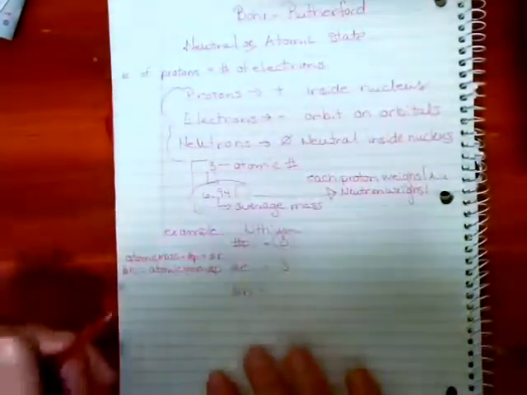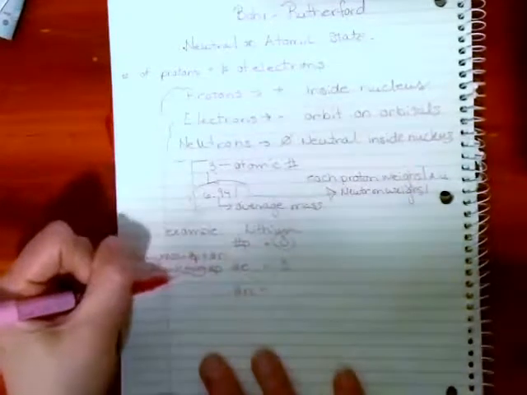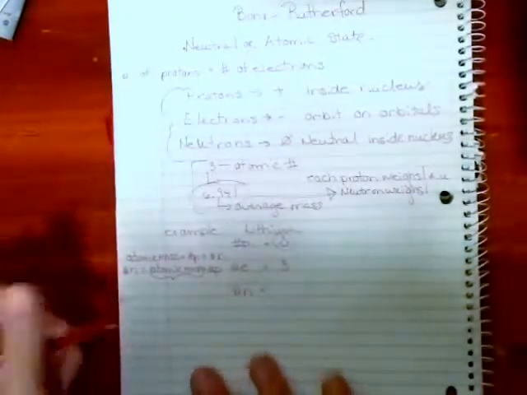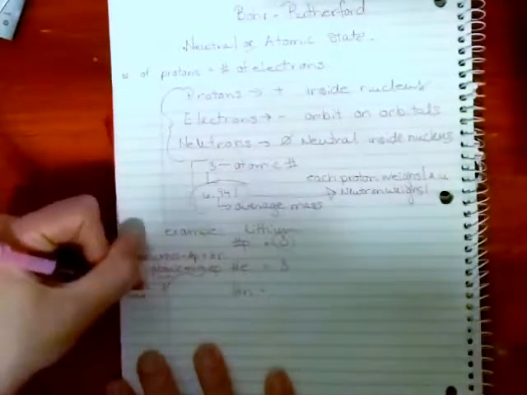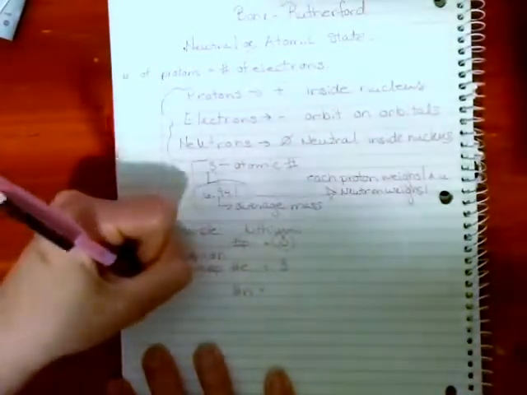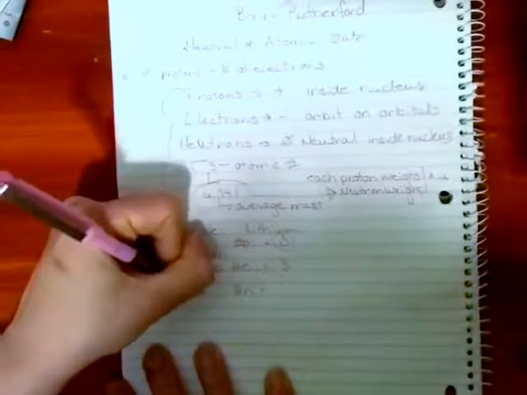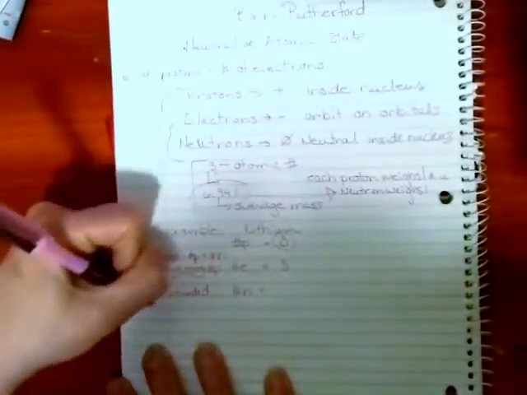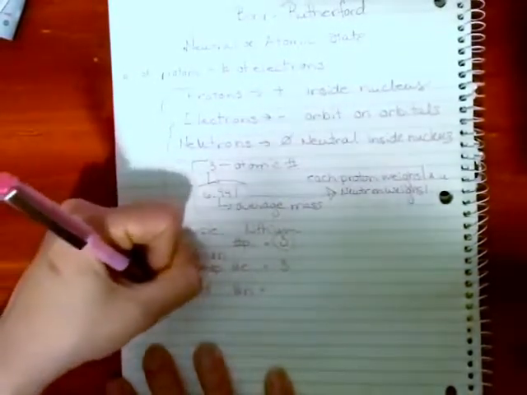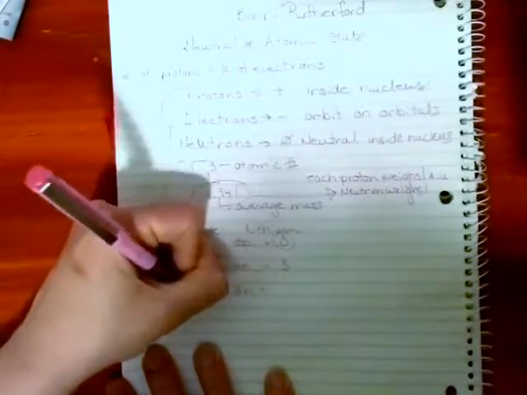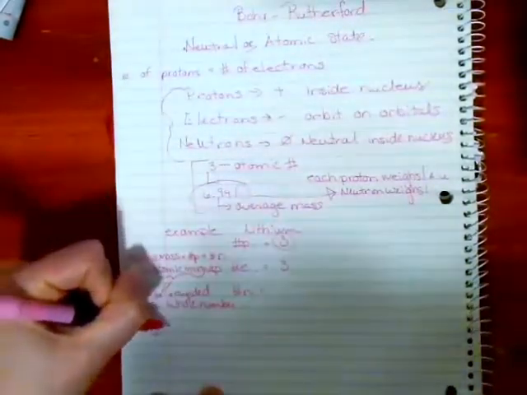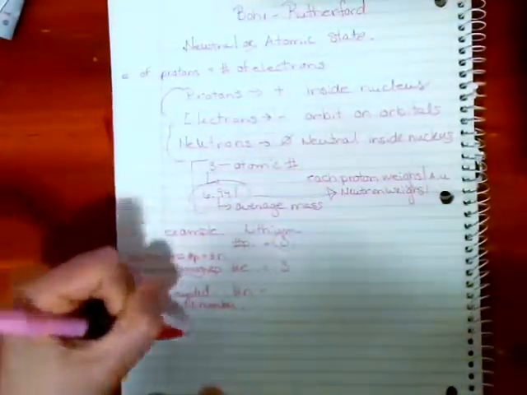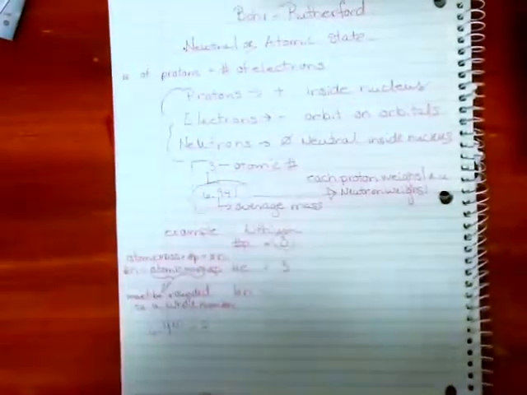So the next thing I have to do then is I have to take this number here and it has to be rounded to a whole number. Okay? So in this case, 6.941 is going to equal 7.